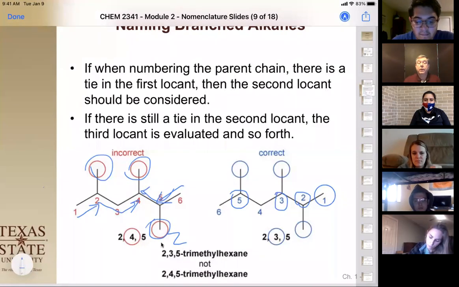That being said, our correct name would be 2,3,5-trimethylhexane, tri because there's 3 methyl groups. Notice there's no space between the methyl and the hexane. Most of these go continuously straight through. There's very few, only certain functional names will have a space. But in the hydrocarbons, it's going to be all one word.